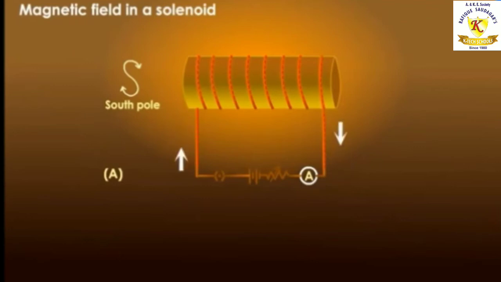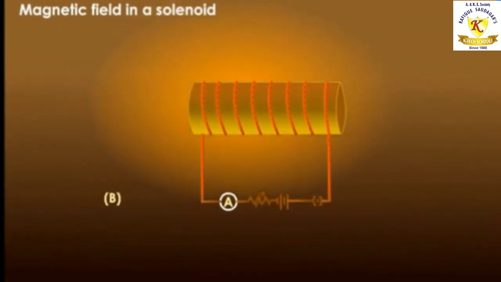Whereas the right hand side of each turn of the coil acts as the north pole. In figure B, current is flowing into the coil in anti-clockwise direction.